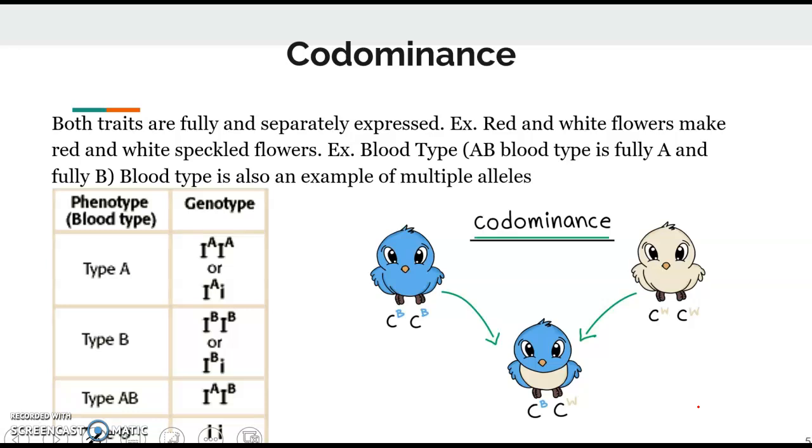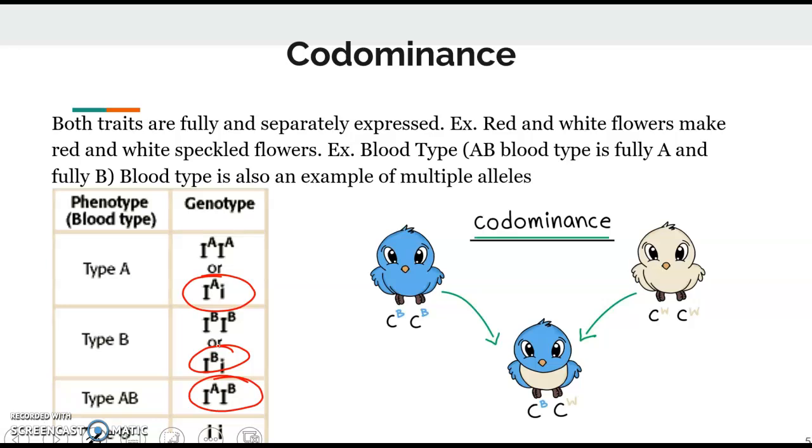Notice there's some people that are A, there's some people that are B, and there's some people that are blood type AB. So blood type is actually a little bit of everything, right? You've got codominance going on with this expression here. You've got dominance and recessiveness going on with these, right? So a little bit of Mendelian, but also a little bit of non-Mendelian.